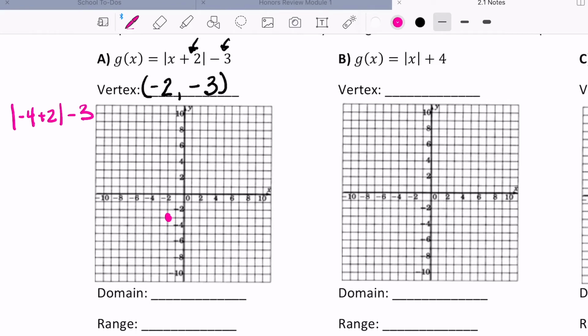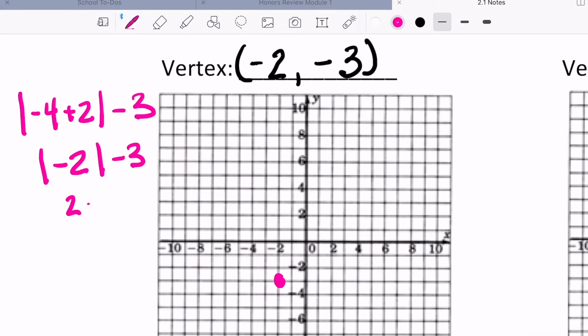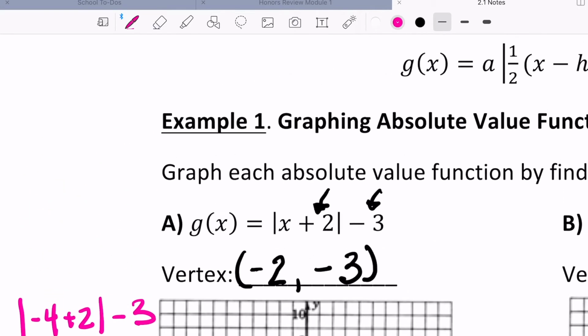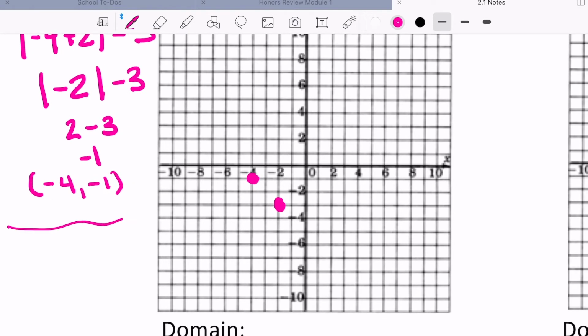So negative 4 plus 2 gives us negative 2, still inside absolute value. Absolute value of negative 2 is simply positive 2, and positive 2 minus 3 is negative 1. So this is telling me we have a point at negative 4, negative 1. And I'm going to plot that. Negative 4, negative 1 is right here.